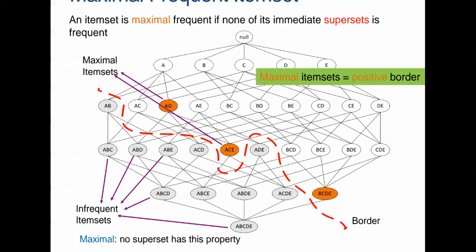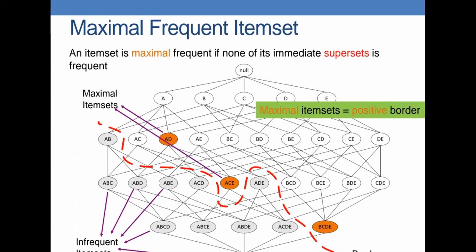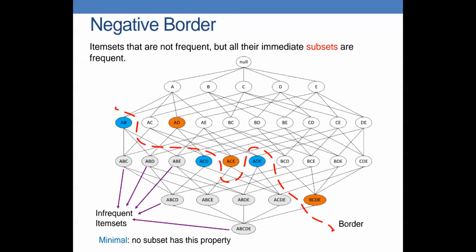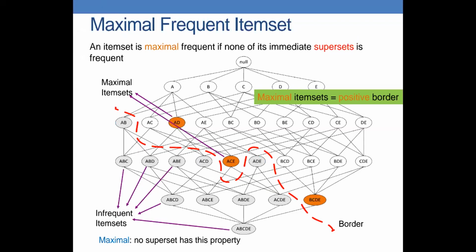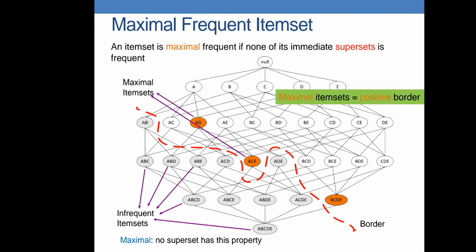So here this is the maximal frequent item sets, if none of its immediate supersets are frequent. See here, that is the negative border. So based on that compact representation of frequent item sets, we have to generate the table.